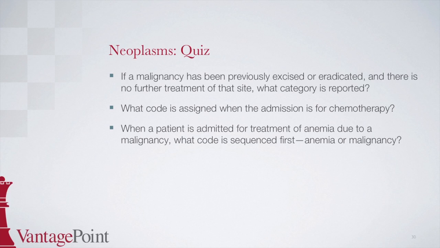You would go to Chemotherapy in the alphabetic index to get this code. Our third answer is the malignancy. Remember, this is the one weird guideline where even though the treatment is for the malignancy-related anemia, you're actually going to code the malignancy first before you code the malignancy-related anemia.